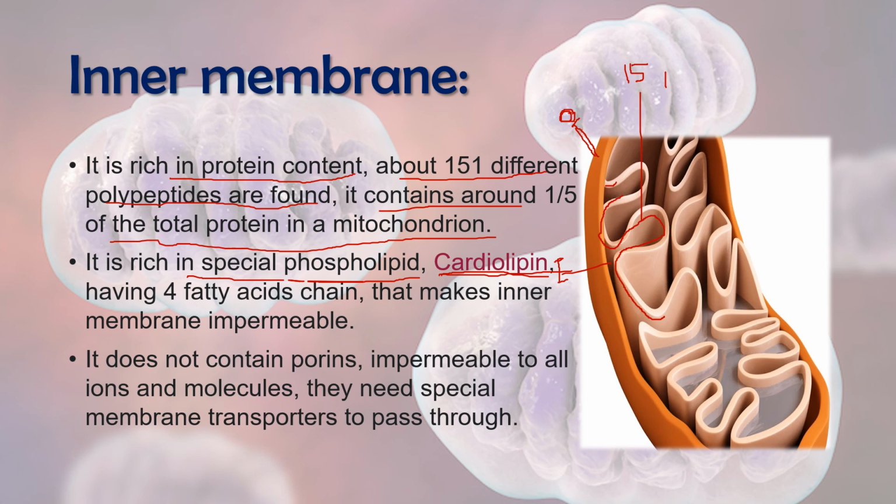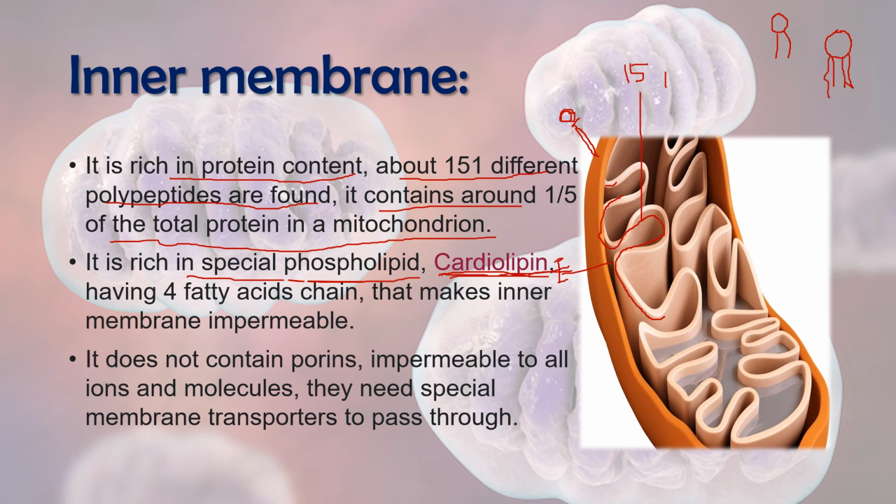We know that a phospholipid is of this type, having two fatty acid chains. But in the case of cardiolipin, the structure is somewhat different. It has a hydrophilic head and consists of 4 fatty acid chains.